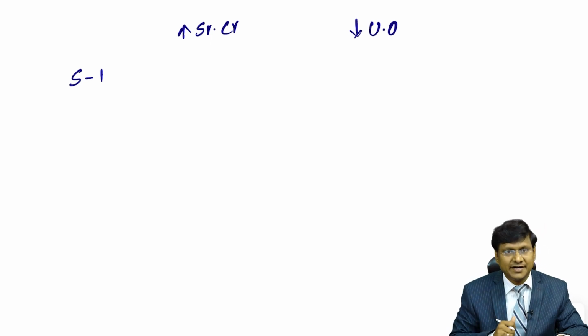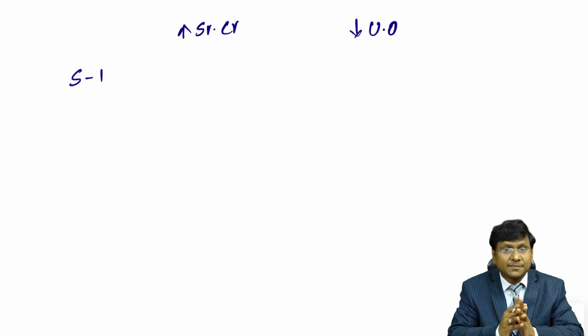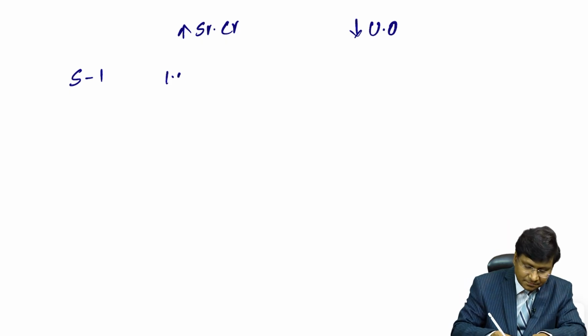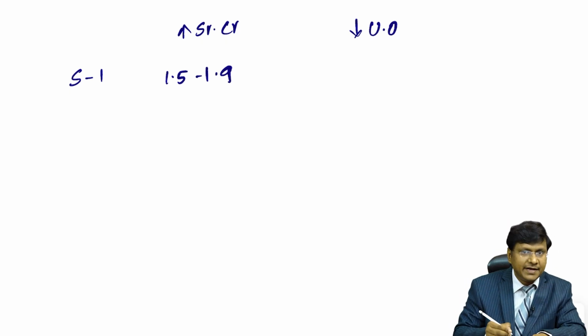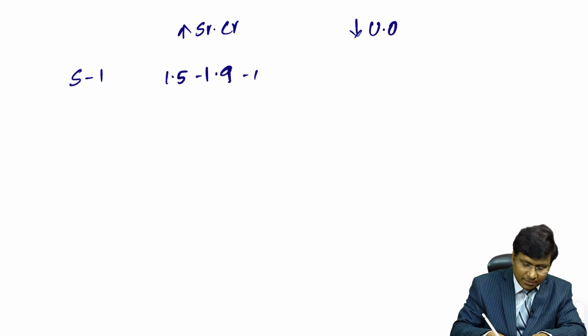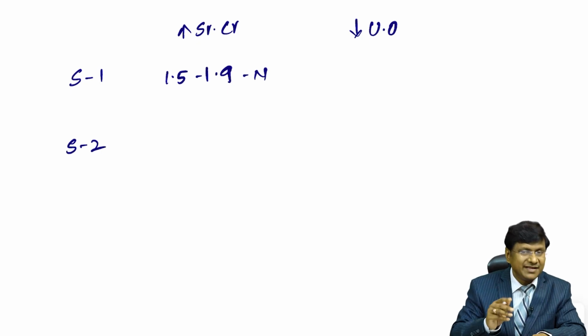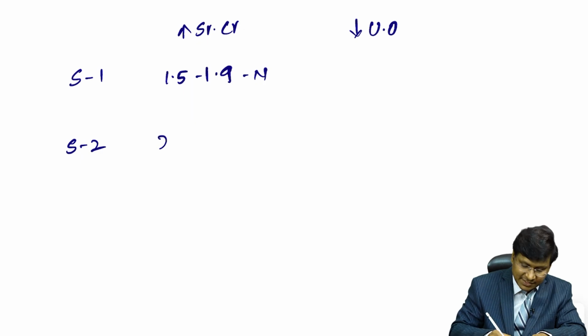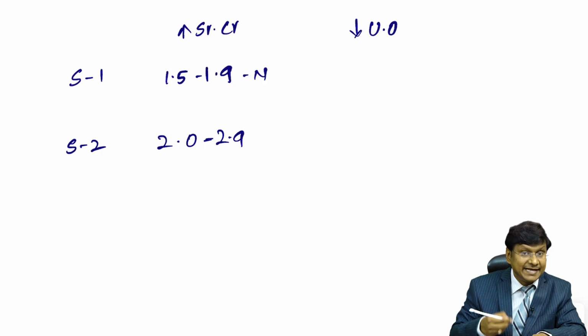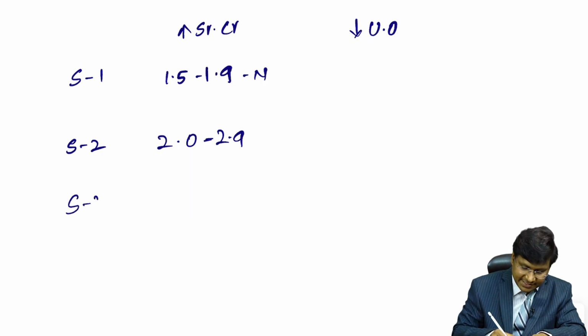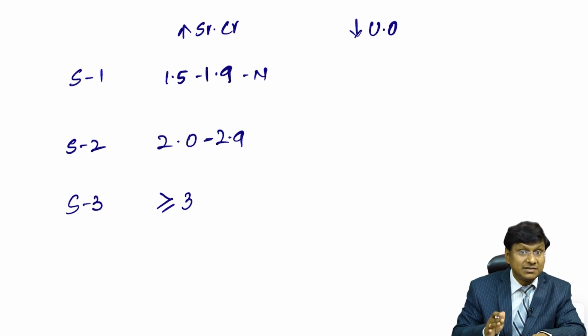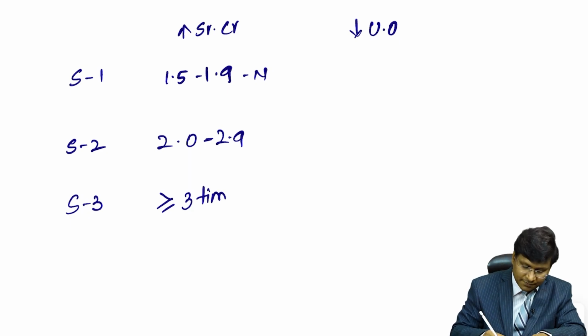In stage 1, the increase in serum creatinine will be 1.5 times the normal value, whereas in stage 2, the serum creatinine is increased 2 to 2.9 times the normal value, whereas in stage 3, the increase in serum creatinine will be more than or equal to 3 times the normal value.